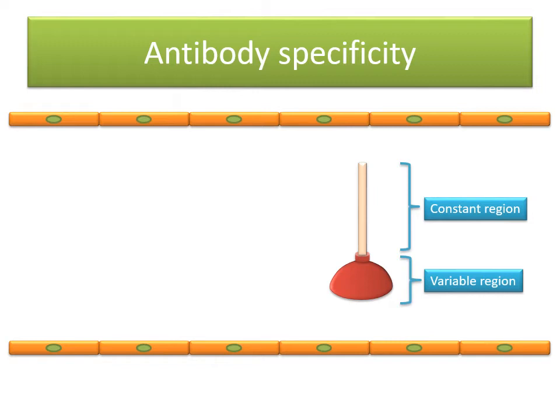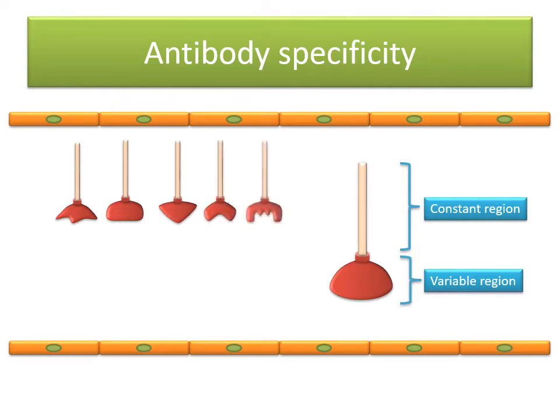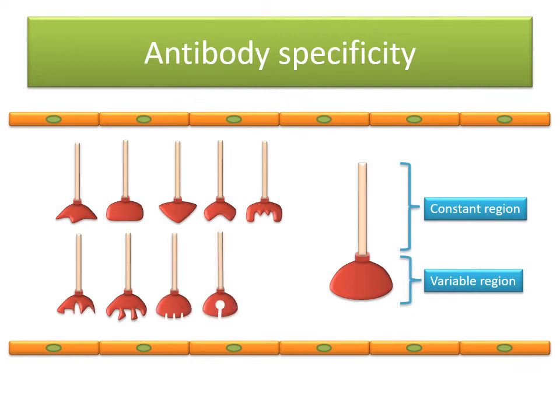Then there's the variable region, which some would say is the exciting part of the antibody. That's the part that binds the foreign pathogen. So think of having tens of millions of antibodies, such as IgG molecules, floating throughout your body, each with a different variable region. When you get an infection with a virus or a bacteria, your immune system will find one antibody or a few antibodies that will be able to bind to and mark that bacteria for destruction.